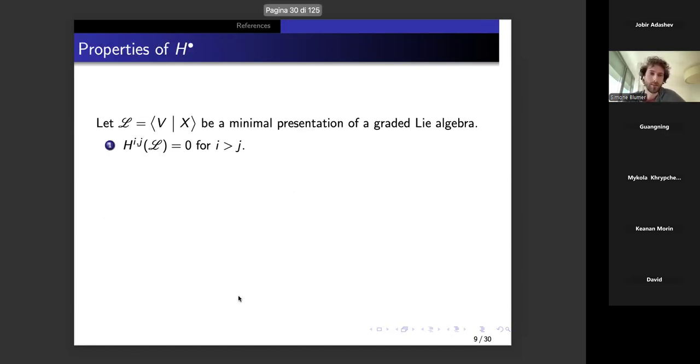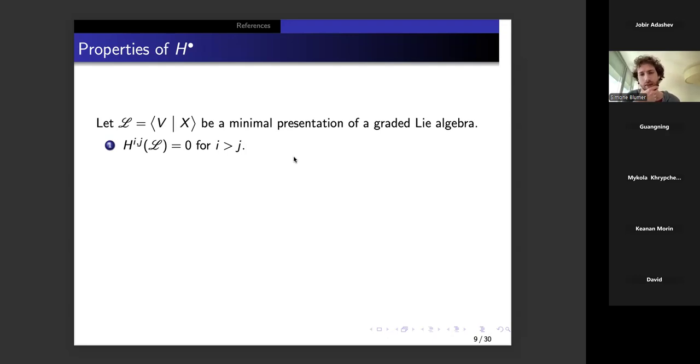Okay, so nice. Let's see now some properties of the cohomology ring of a graded Lie algebra. So suppose that we have a Lie algebra given with a minimal presentation, so that the vector space V is the minimal possible vector space that generates the Lie algebra, and X is, let's say, a minimal generating set for the ideal, for the relation space.